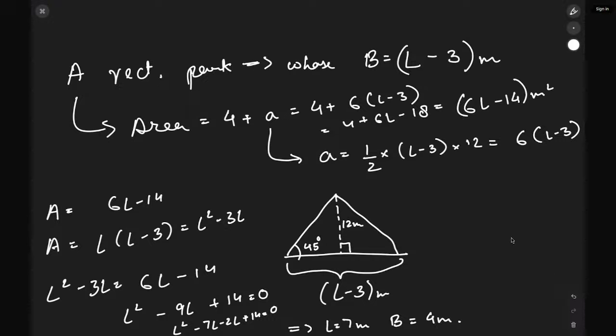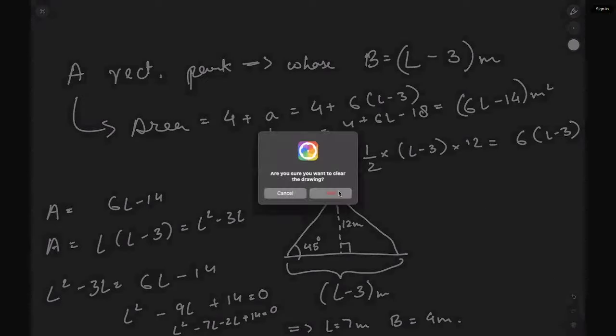So I hope that you have noted this down and understood the question. Now moving on to the next question that is based upon the differentiability of a function.